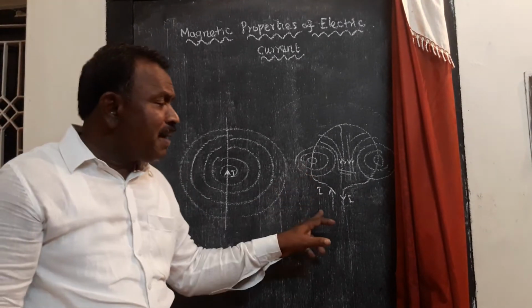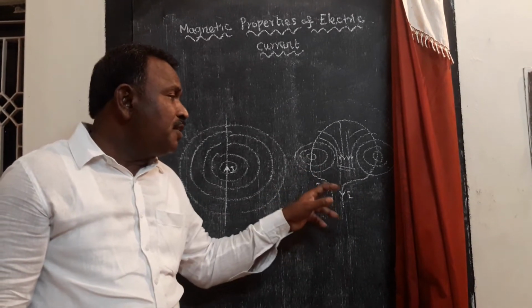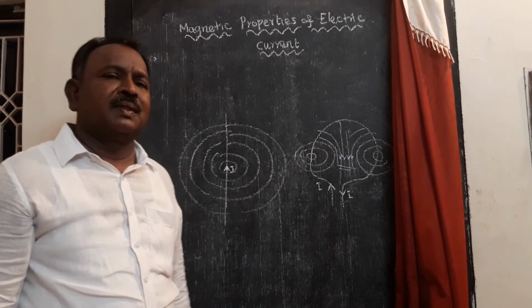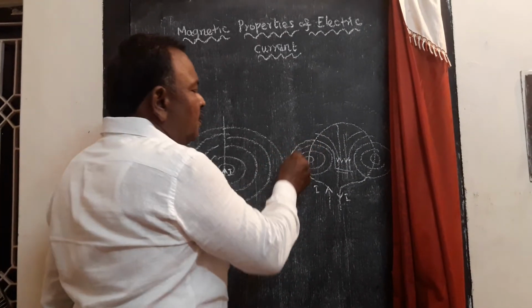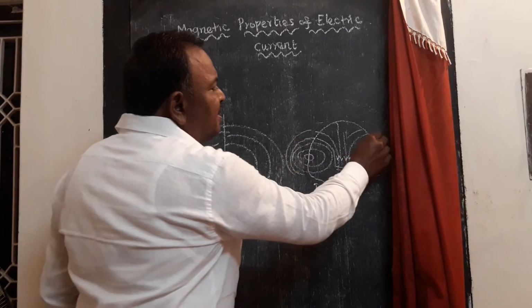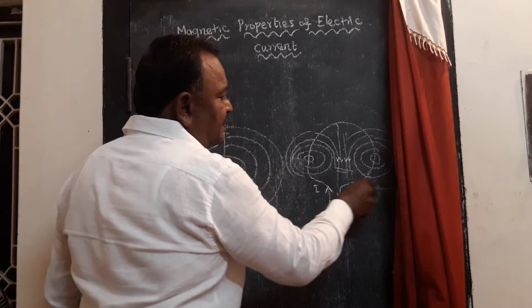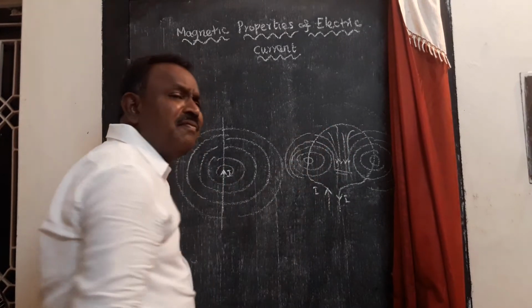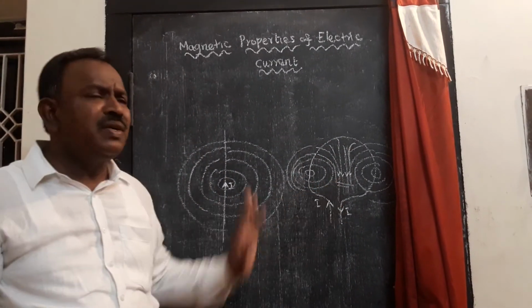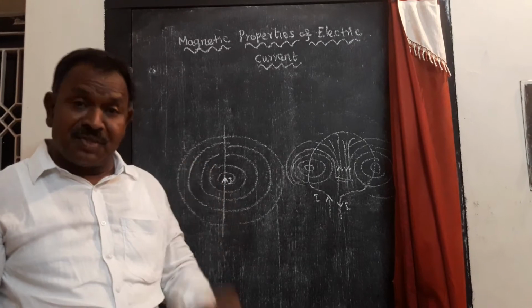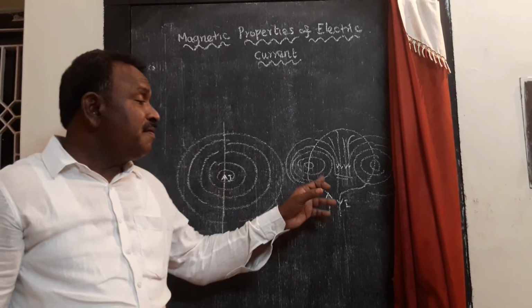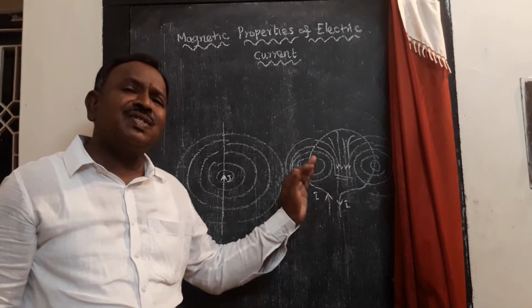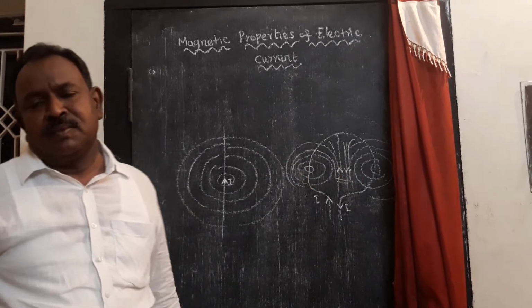So when we map the magnetic field due to a loop, there are concentric circles like this, but at the center the field lines are parallel to each other, which tells that the magnetic field is uniform at the center of the loop.